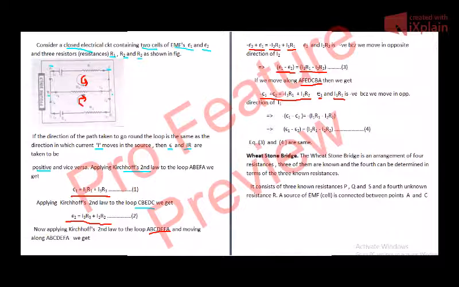This implies minus E1 plus E2 is equal to minus I1 R1 plus I2 R2, and this minus will cancel. We will get E1 minus E2 is equal to I1 R1 minus I2 R2. So if we go in the opposite direction to the current, or if we follow the current, in both cases the result will be the same.